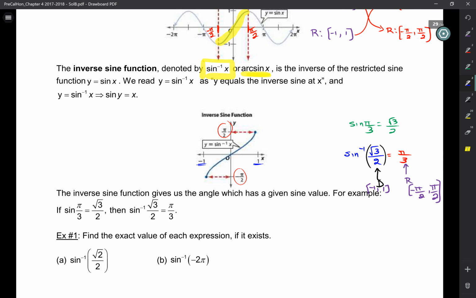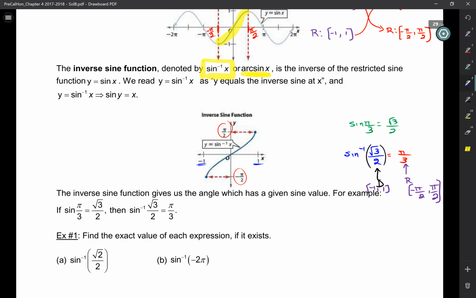That means your answer, right? When you have inverse sine of something and you want to give the angle, the angle you give must be between negative pi over 2 and pi over 2. So, for example, 7 pi over 4. Will that be a possible answer? Well, it is in quadrant 4.